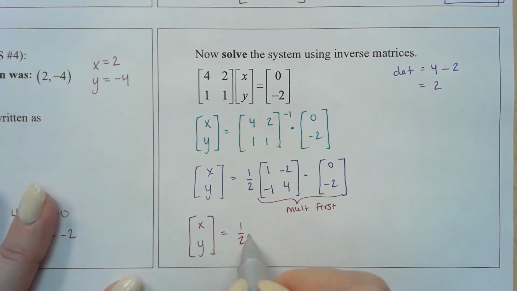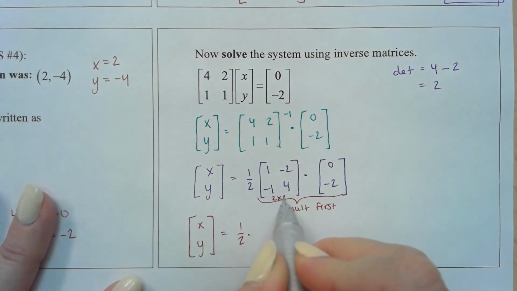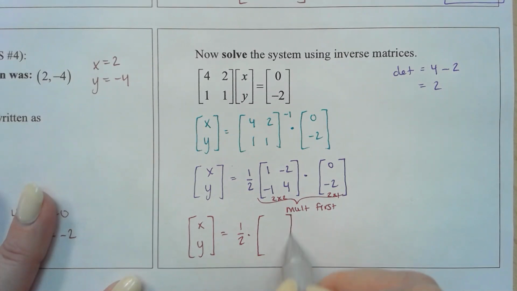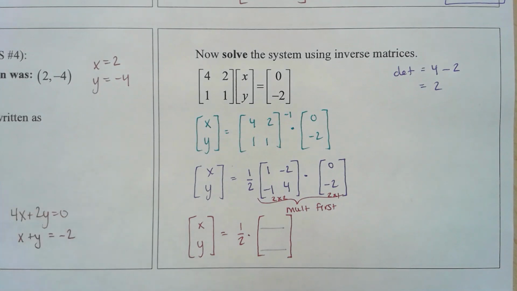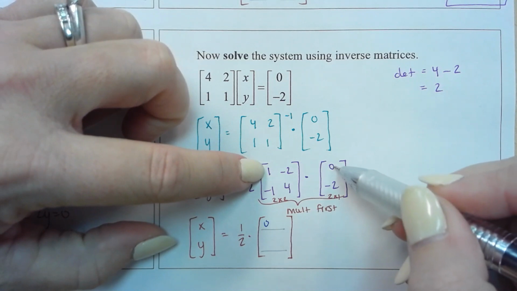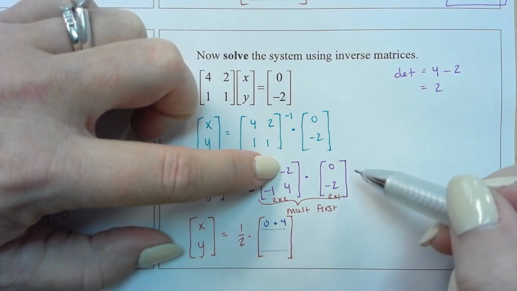So I've got the 1/2 times. Now, I've got a 2 by 2 being multiplied by a 2 by 1, which means I'm going to get a 2 by 1. All right, here we go. 1 times 0 is 0. Move both hands. -2 times -2 is +4.